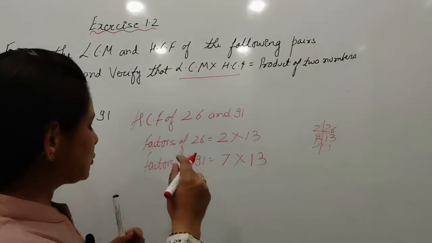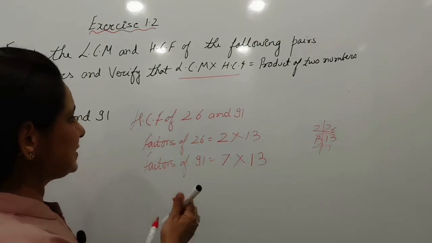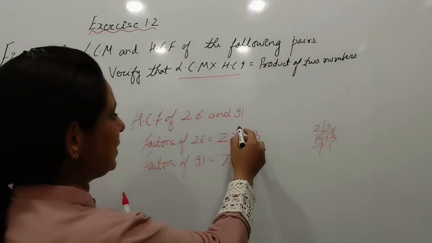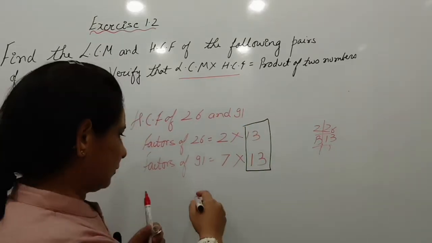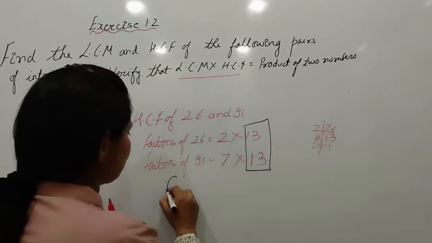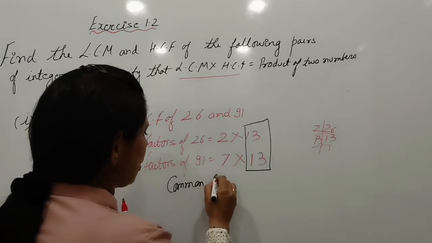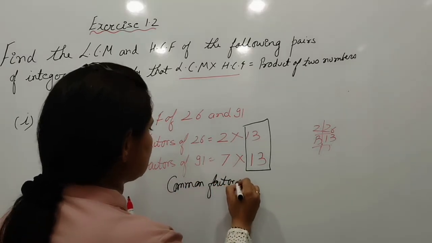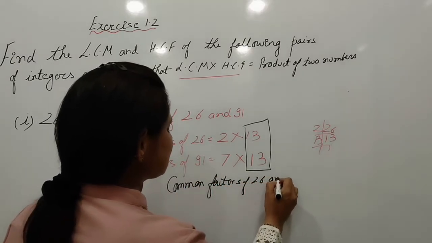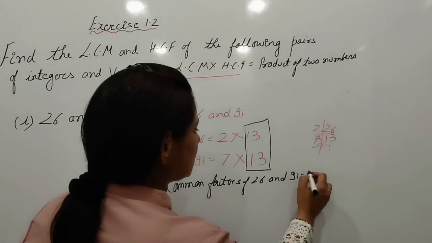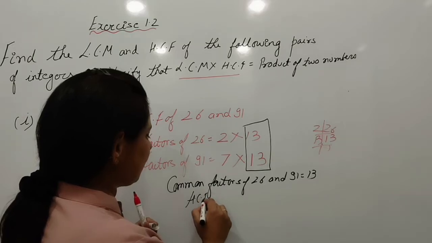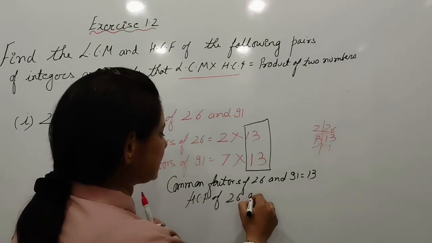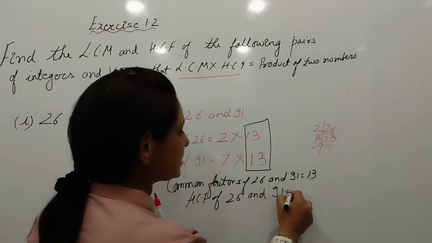When we are supposed to find the HCF of 26 and 91, we look at the common factors of both. The common factor of 26 and 91 is 13. That means the HCF of 26 and 91 is 13.